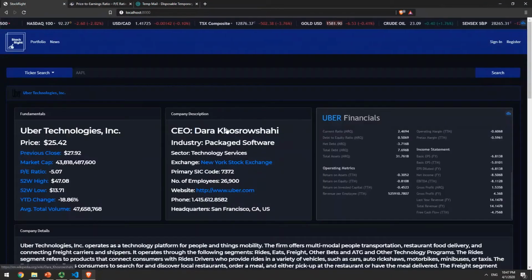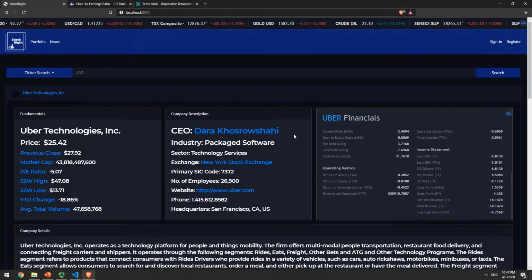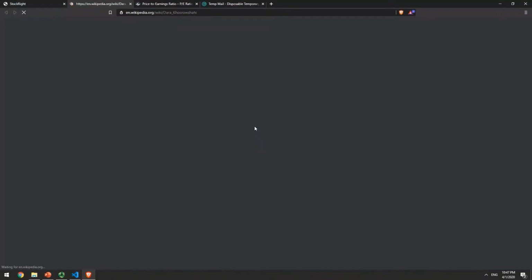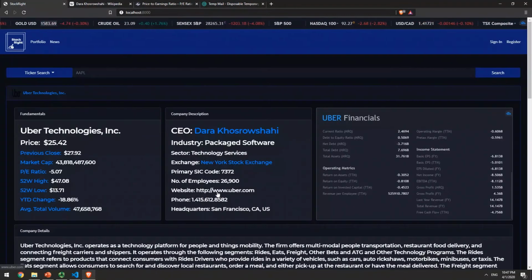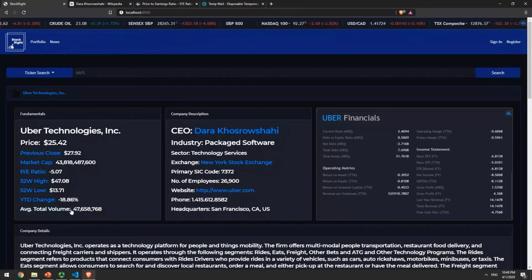And similarly, you might be wondering, everyone knows Elon Musk, Tim Cook, all these guys, but who's this guy? So you can click on his name. It'll take you to the Wikipedia page, and you can figure out exactly who this person is and learn more. So we have a website as well. Uber.com takes you to the website.